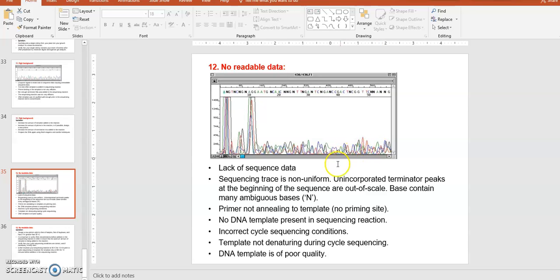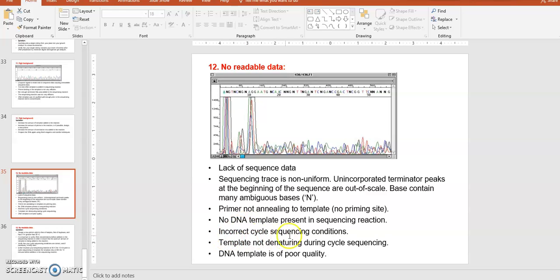It's maybe due to a lack of sequencing data, where there is little sequencing happening and the sequencing trace is non-uniform. Or the primer is not annealed to the template. If the primer is not binding on the template DNA, you will see something like that. Or no DNA template is present in the sequencing reaction. If you don't have enough template DNA, you're going to see something like that too, because the primers will bind themselves.